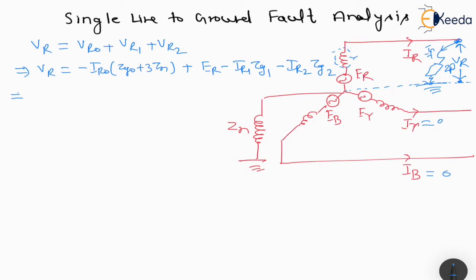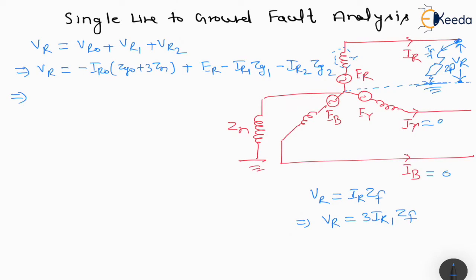So from here we know that the value of VR is equal to IR into ZF, and we know that VR is equal to IR, whose value is 3 times IR1, into ZF.